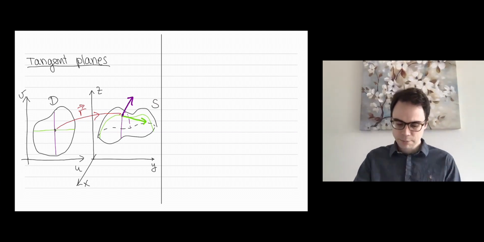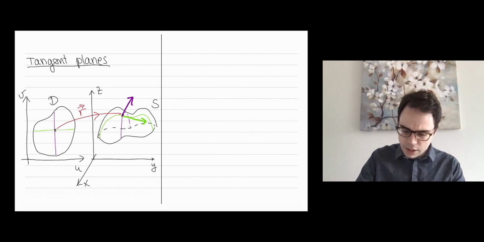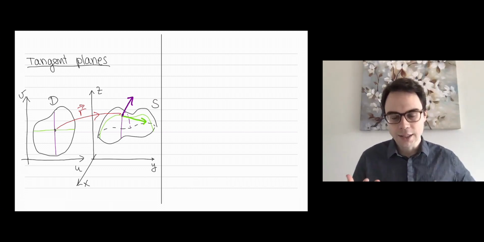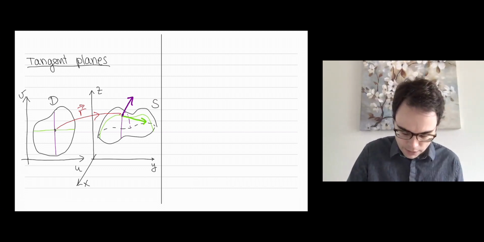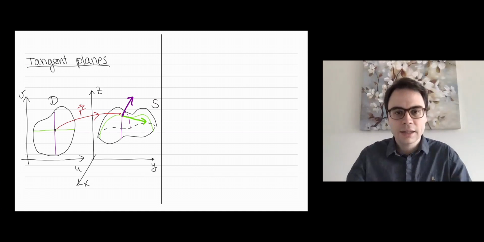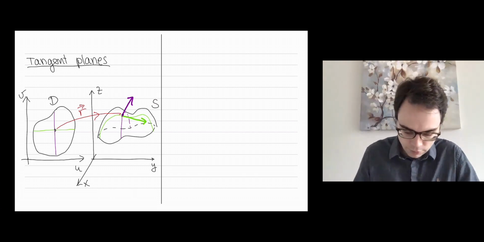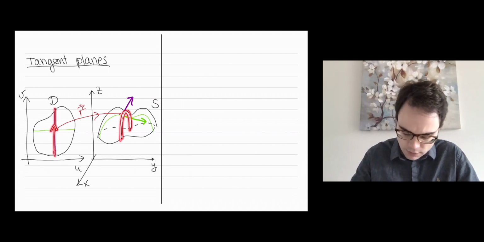And here's how we find these tangents. A tangent vector: one way to get a tangent vector is just to compute the velocity of the parametrization, right? On the purple curve, I've fixed u, and the parameter is v, which goes up like this.